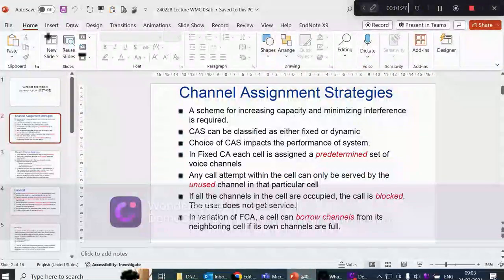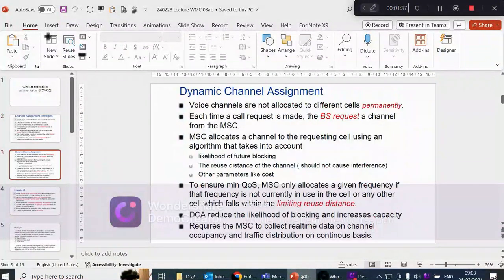All these frequency reuse concepts were discussed. Also, dynamic channel assignment and fixed channel assignment, these are the types that we discussed last time.